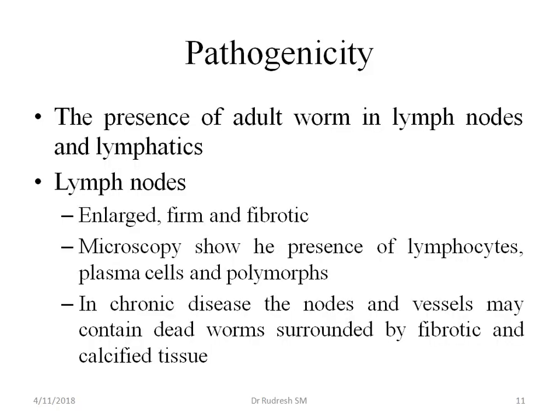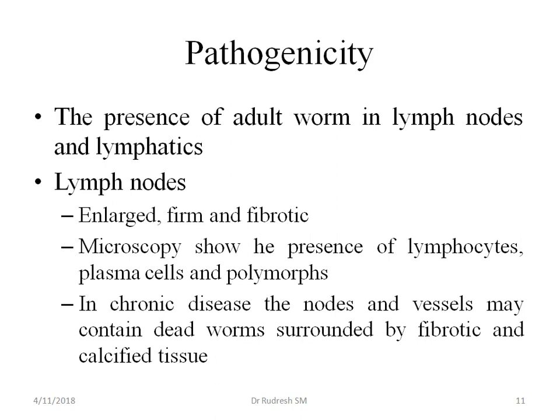Usually the presence of an adult worm in the body will not evoke much immunological response. Most of the pathogenicity associated with filariasis is associated with the inflammation of the lymph nodes or lymphatics in which the adult worm lives.